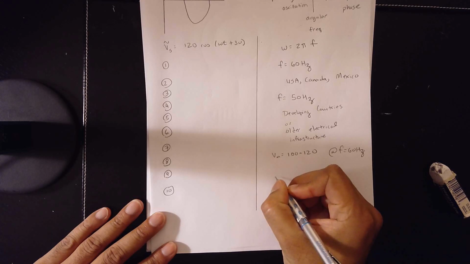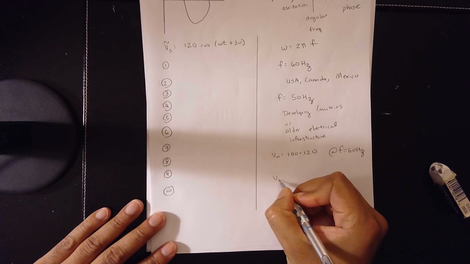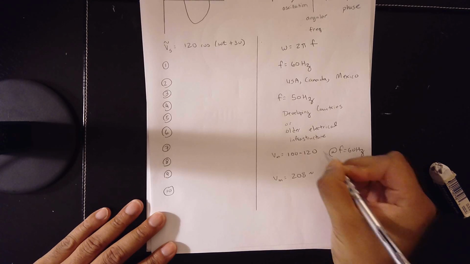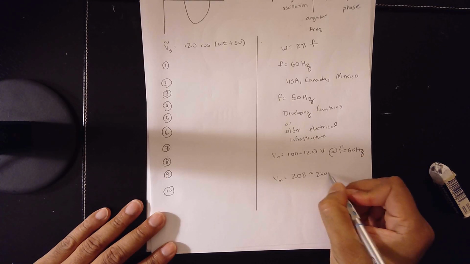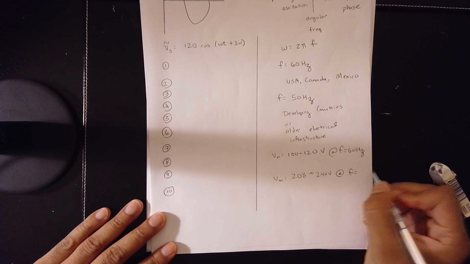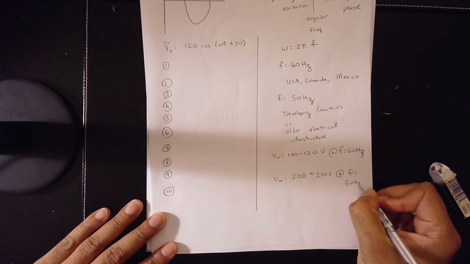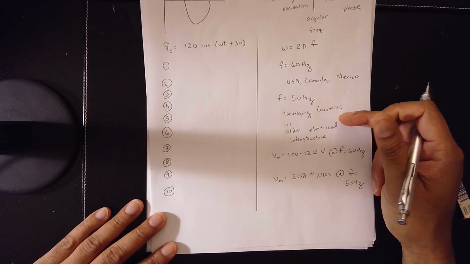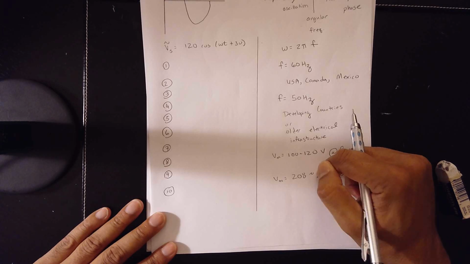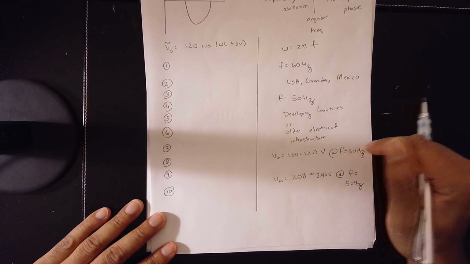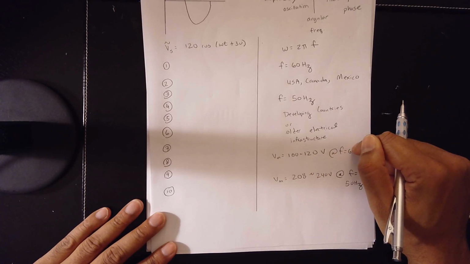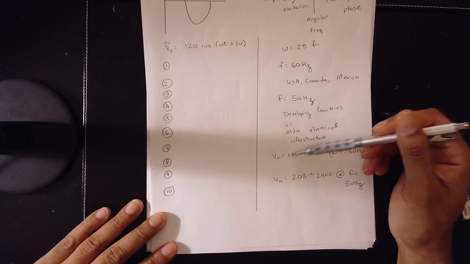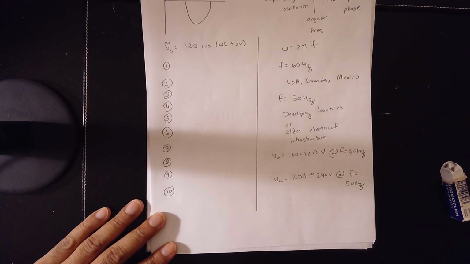The other parts of the world that operate at 208 to 240 volts operate at 50 hertz. So in France or Spain, the voltage is 208 to 240. In the United States, Canada, Mexico, and some other countries at 60 hertz, the voltage is 100 to 120.